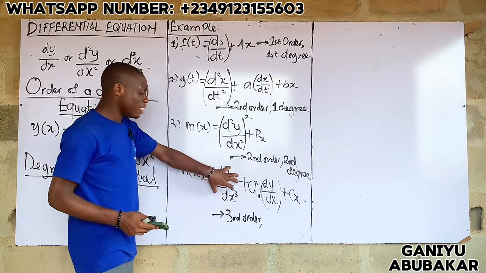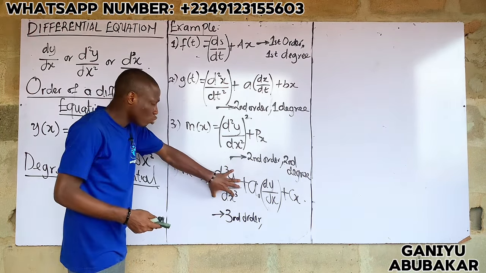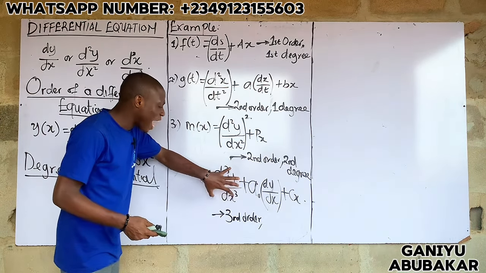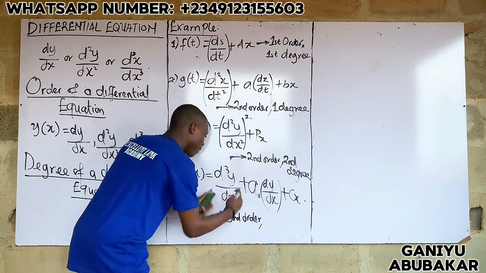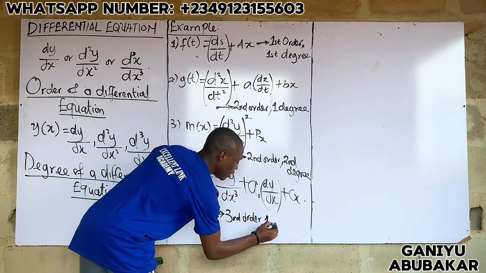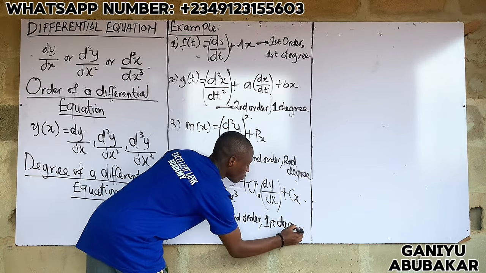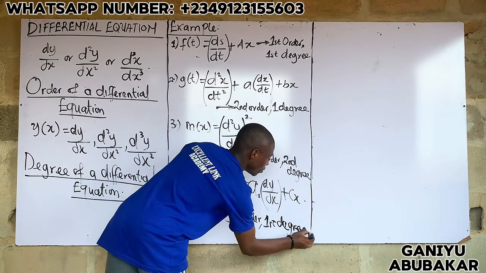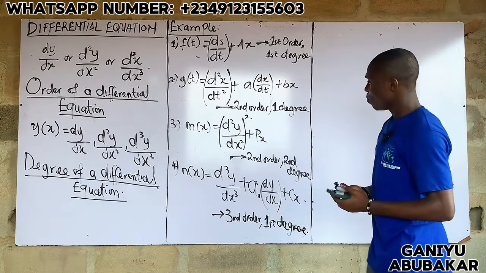This is the differential coefficient that has the highest power. Now I'm still focusing on this one to get my degree. What is the degree of the highest differential coefficient here? If I bracket this like this, the degree is 1. So I have third order, first degree.